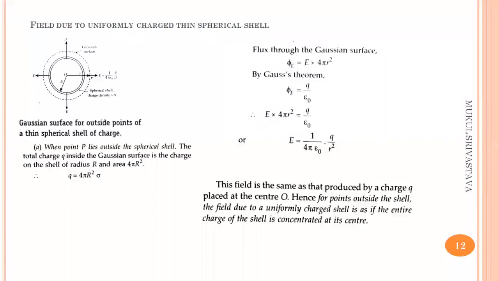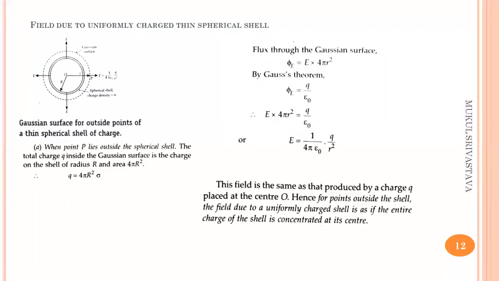We consider the radius of this sphere as capital R, and the uniform charge density of this spherical shell is given by sigma. We are going to find the electric field E at point P due to this uniformly charged sphere.